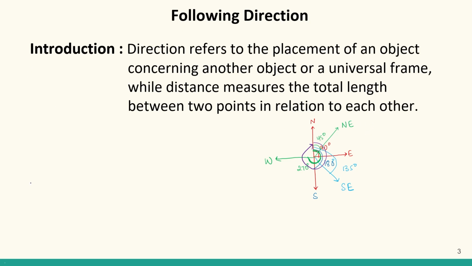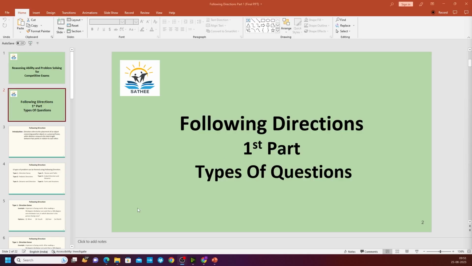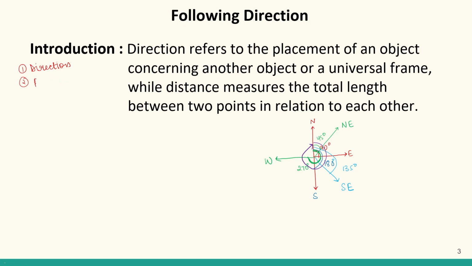So far we have discussed how many concepts? So far, the first concept we discussed was simple directions, north, east, west, south, and the sub directions, that is northeast, southeast, northwest, southwest, all these. Then we discussed the concept of finding direction in relation to an object. That is the second concept that we did.